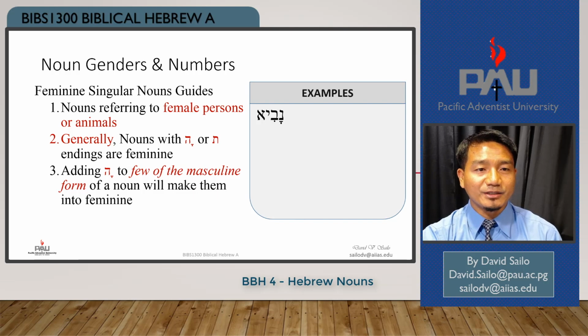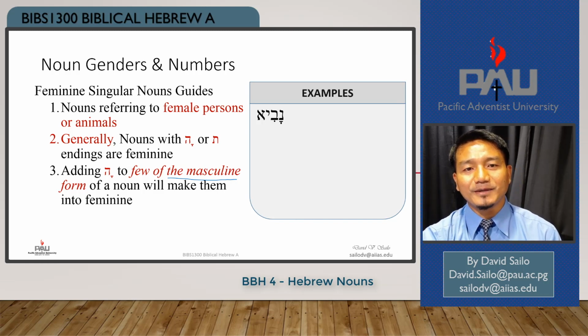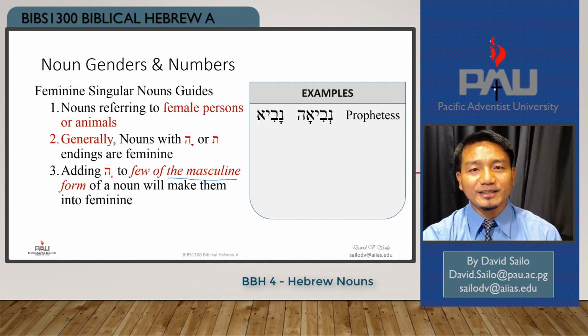Adding kamets he to a few of the masculine nouns, okay, we are looking at the masculine form of a noun, will make them into feminine. So this will require that you already know the masculine, okay? For example, what is Navi? Navi is a prophet. And if you add to this Navi, nothing changes.